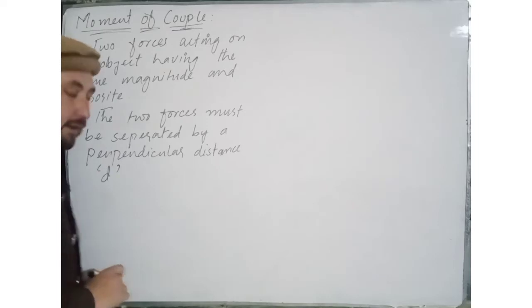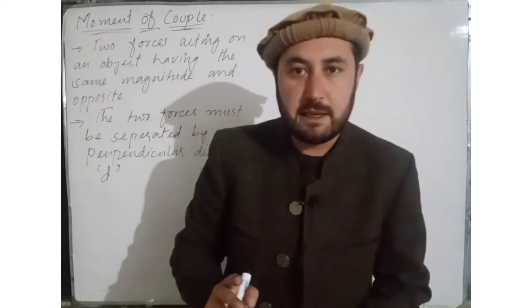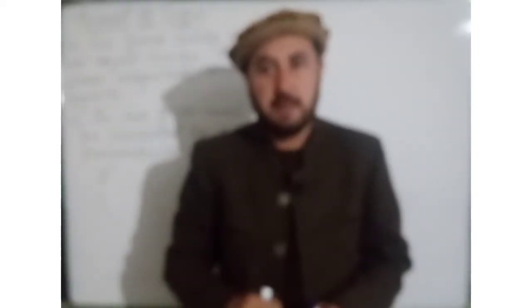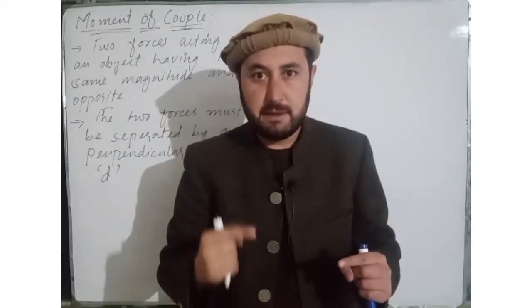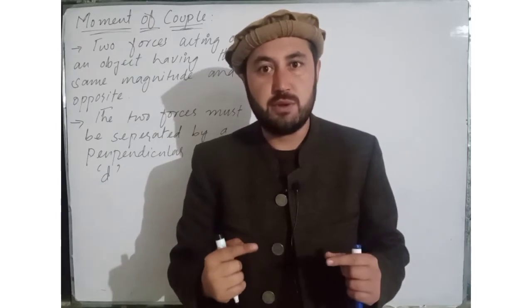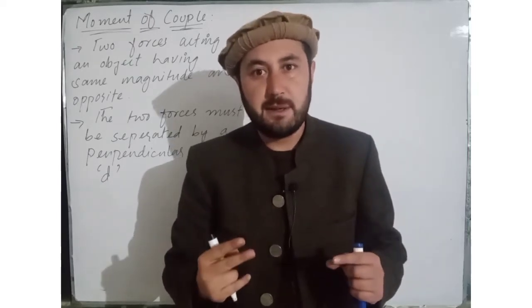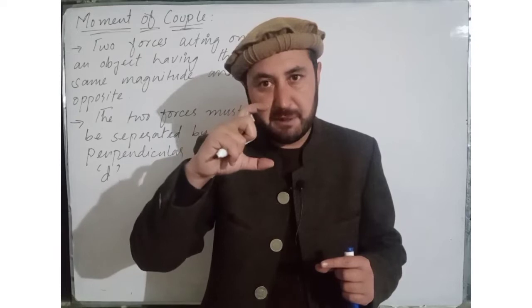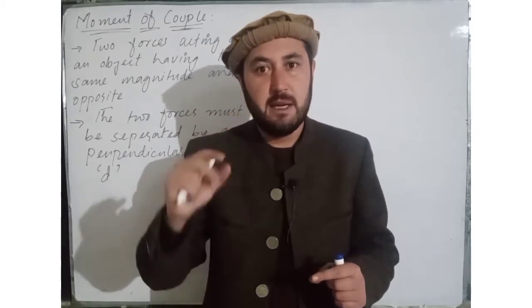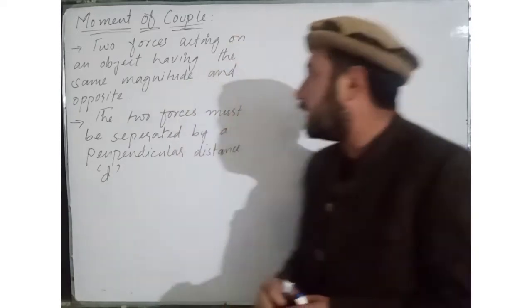So whenever two forces are acting on an object, in opposite directions and having the same magnitude, and they act at two different points with a perpendicular distance between them, then such two forces can be considered a couple.